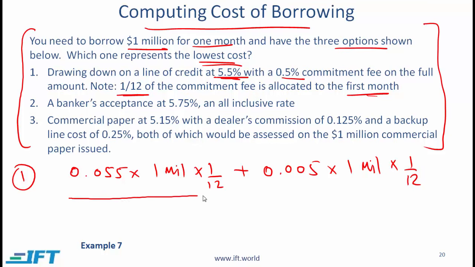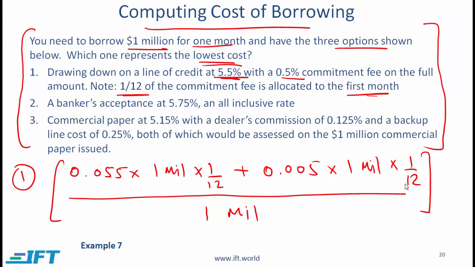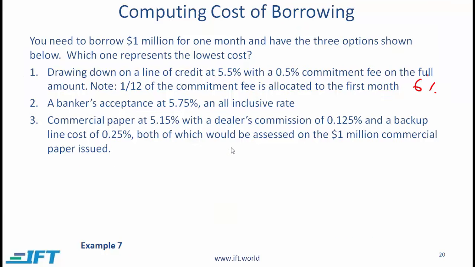This entire amount is divided by how much is being borrowed, which is 1 million. And since this number is for 1 month and you want to annualize, we multiply by 12. If you do the maths, what you should get is 0.06, which is equal to 6%. So the cost of the first option is 6%.